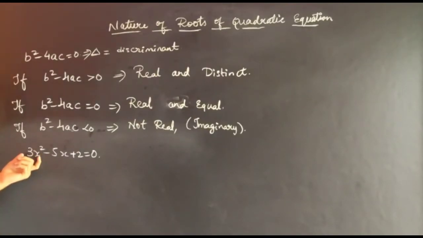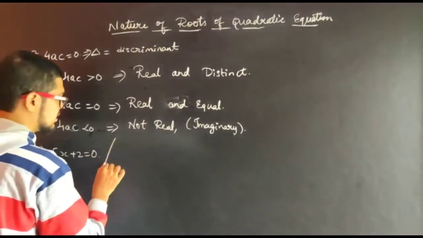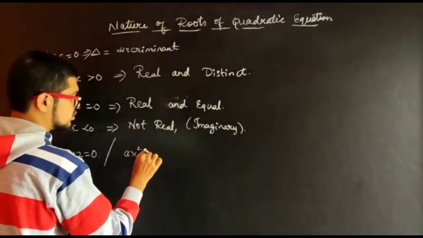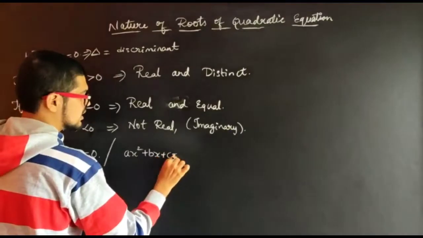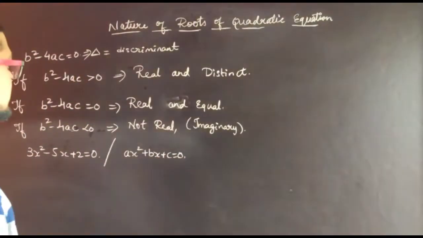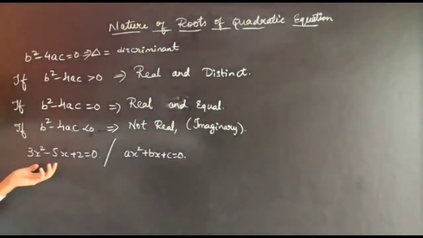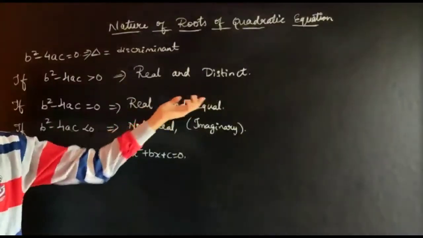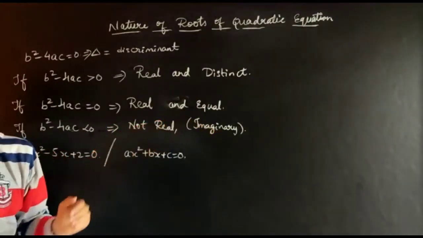The example here is 3x square minus 5x plus 2 is equal to 0. Is this quadratic? Yes. Why? Because this is of the form ax square plus bx plus c is equal to 0. Now, how will I decide whether this quadratic equation has roots real and distinct, real and equal, or not real or imaginary?